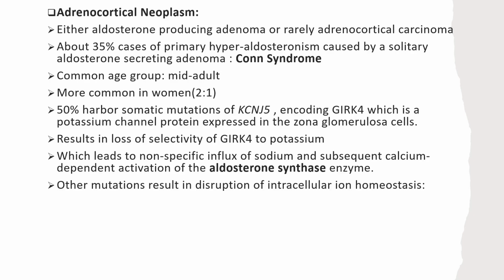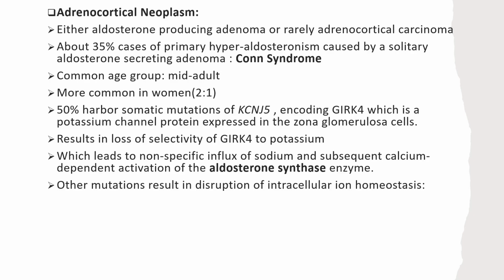That means it becomes non-specific and begins to respond to other ions as well, like sodium and calcium. So these two, sodium and calcium, also begin to activate the aldosterone synthase enzyme, and that will also result in over synthesis and overproduction of aldosterone.